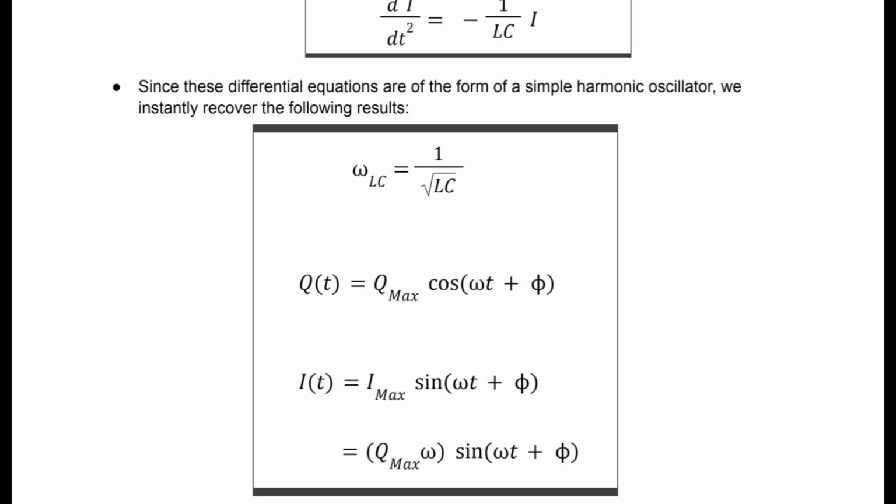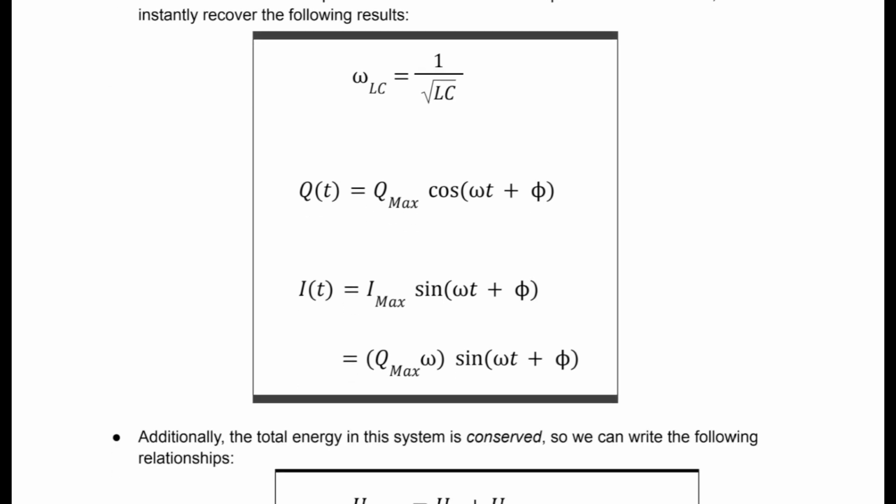So this means that we can always write the charge on a capacitor or the current through the inductor as functions of time using some sort of sine or cosine curve.